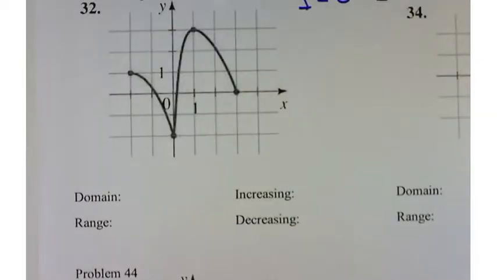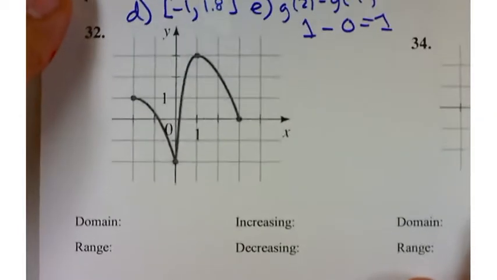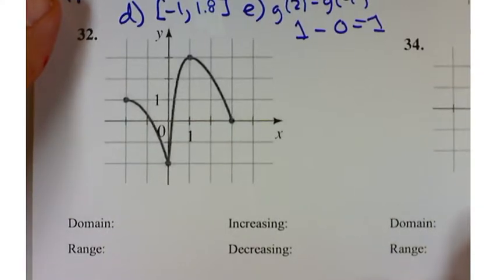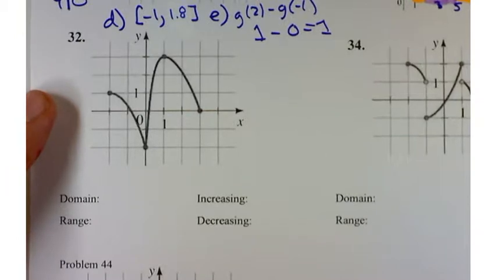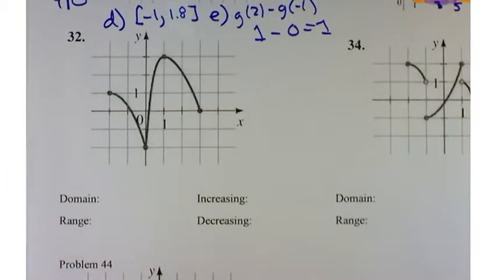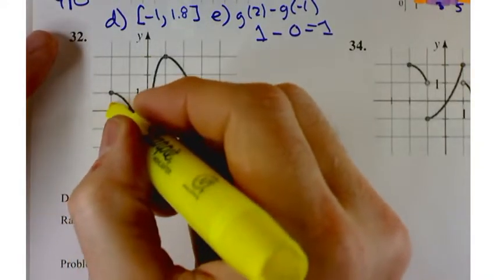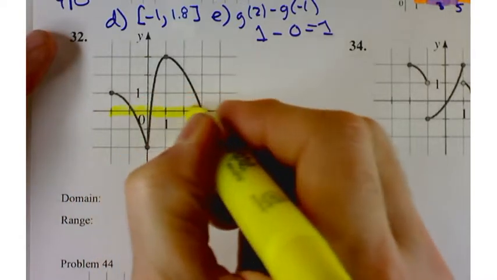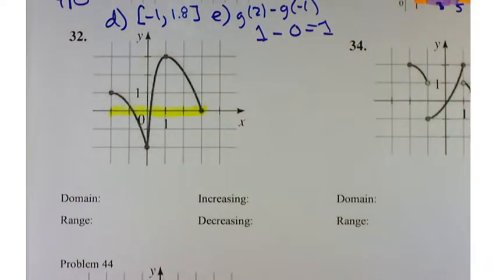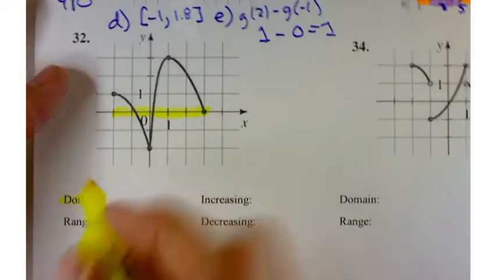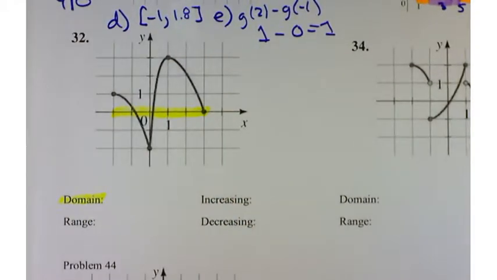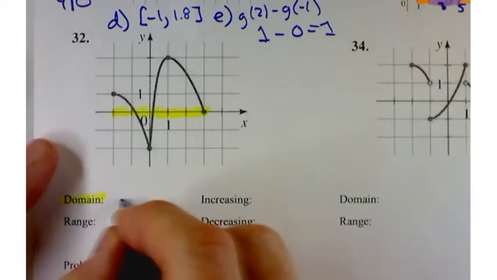So let's look at problem 32 then, and remind ourselves a little bit about domain and range before we look at increasing and decreasing functions. Domain was which coordinate for your function? X-coordinate. So in this case, the x-coordinates go from here to here. Go ahead. Somebody said it. -2 to 3.